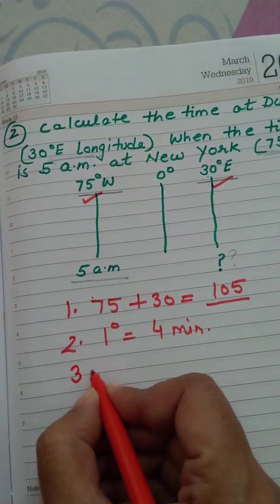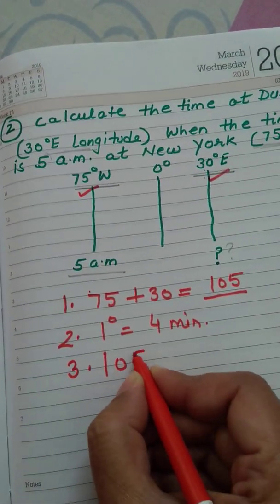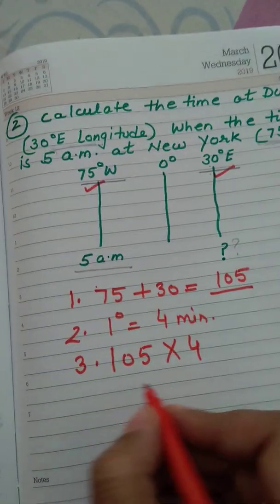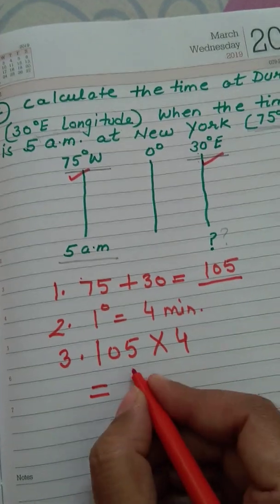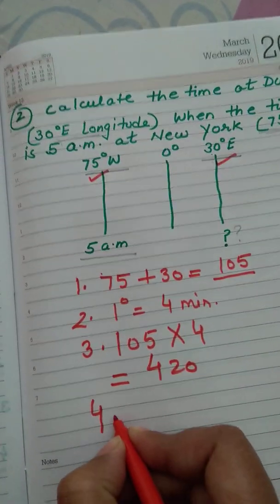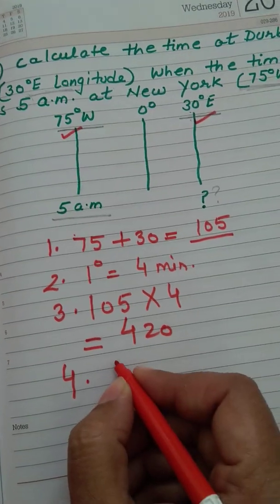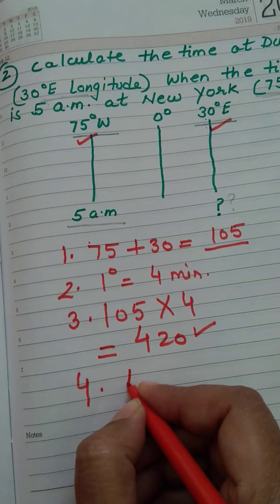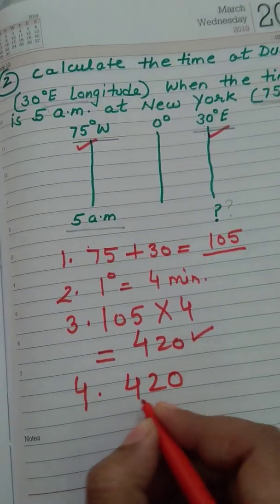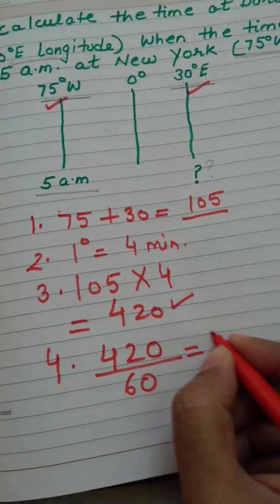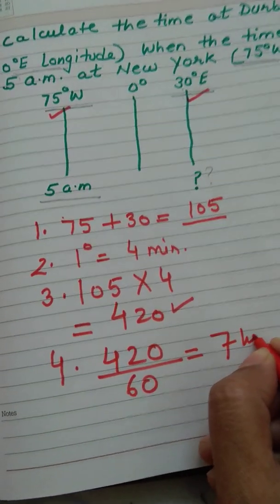Now, third step, we multiply the total longitude 105 by 4. So what will be the answer? That is 420. In the fourth step, we have to convert into hours. 420 divided by 60. So the answer will be 7 hours.